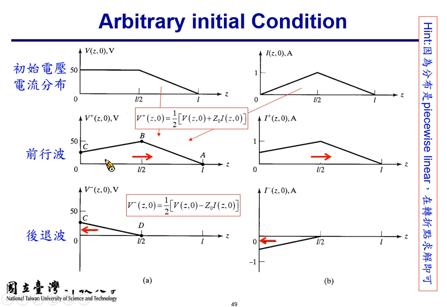Well, it gets reflected because it's an open circuit. So what does the reflected signal become for position A? Well, the reflection coefficient is 1. So it gets reflected, it becomes part of the V minus signal. And its magnitude is the same, and its polarity is the same as well. So A, the very tip of the forward going signal, will appear on the right hand side of the reverse going signal.